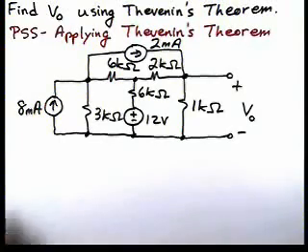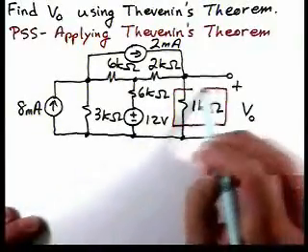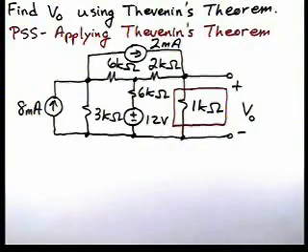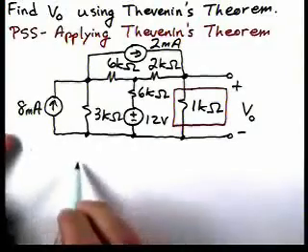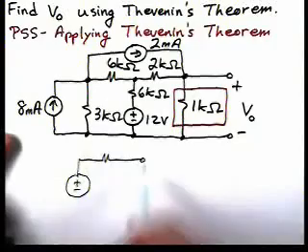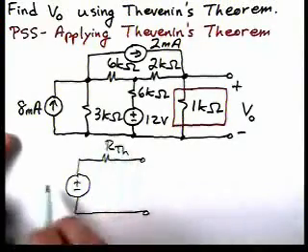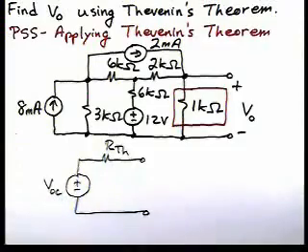Since we're going to calculate V0, let's treat this 1 kilo ohm resistor as the load. In applying Thevenin's theorem, we're going to calculate the Thevenin equivalent circuit, which consists of the open circuit voltage and the Thevenin resistance.